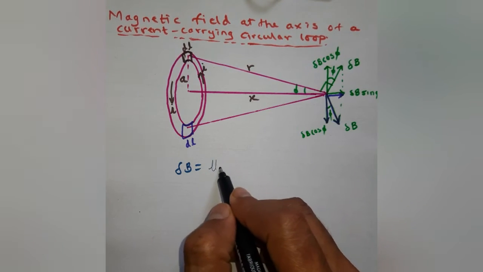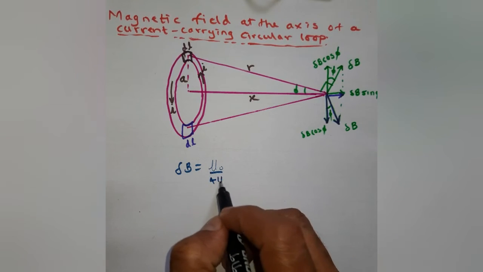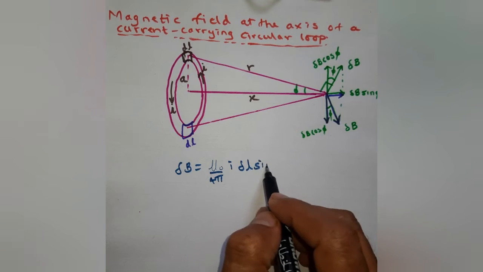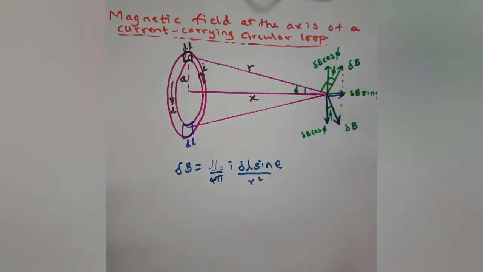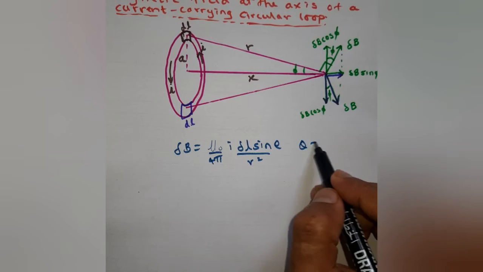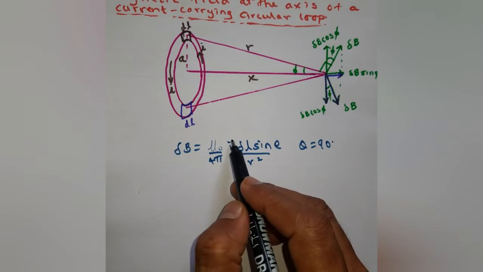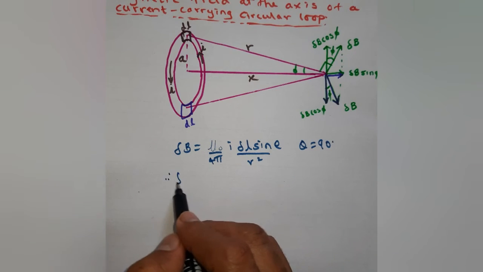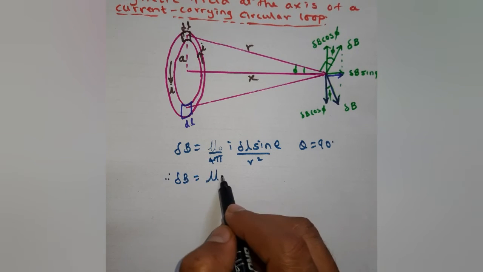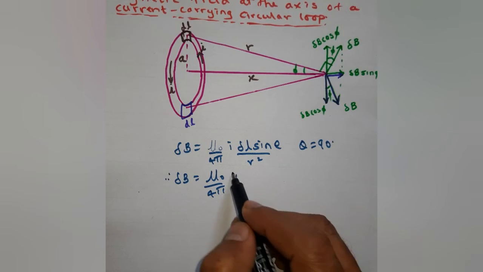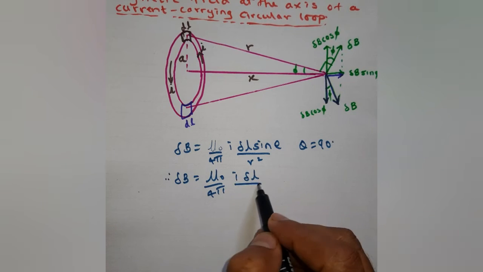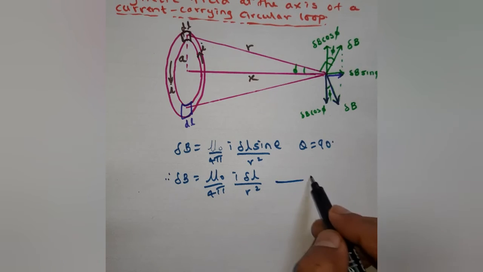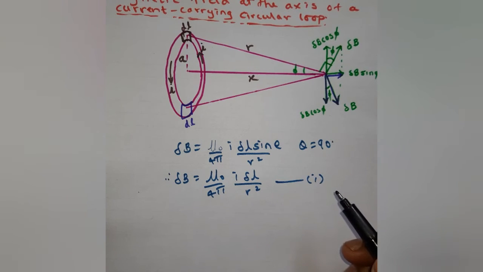According to the Biot-Savart law, it's mu naught by 4 pi, I delta L sin theta upon r square. But I know very well theta over here is 90 degrees because the angle between I dL and r is 90. So I get delta B equals mu naught by 4 pi, I delta L upon r square. Since we know the angle, we use it like this. This is my equation number 1.